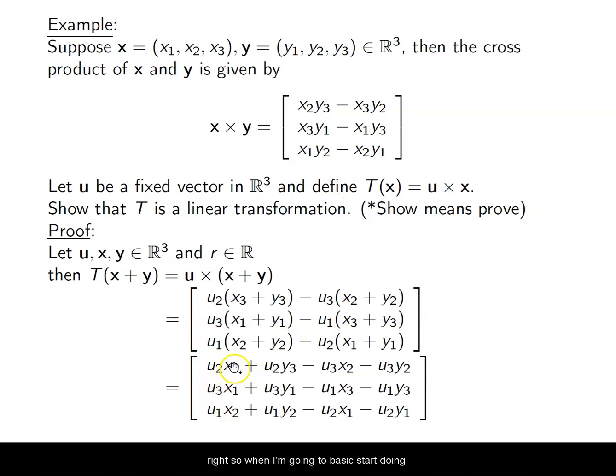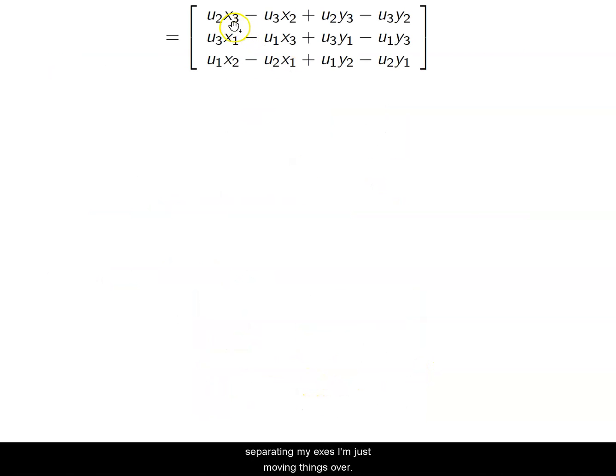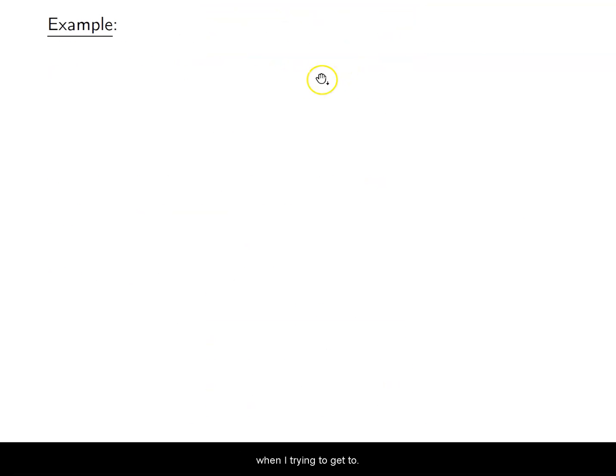So what I'm going to basically start doing is group the x terms together, and start to group the y terms together, right? So that's the next step. I'm separating my x's. I'm just moving things over, right? I'm not actually distributing or factoring anything. I'm just pulling out the x's on one side and the y's on the other side, right? Because again, what am I trying to get to?